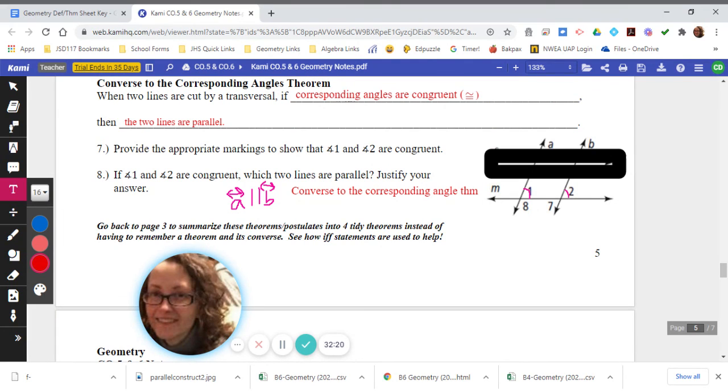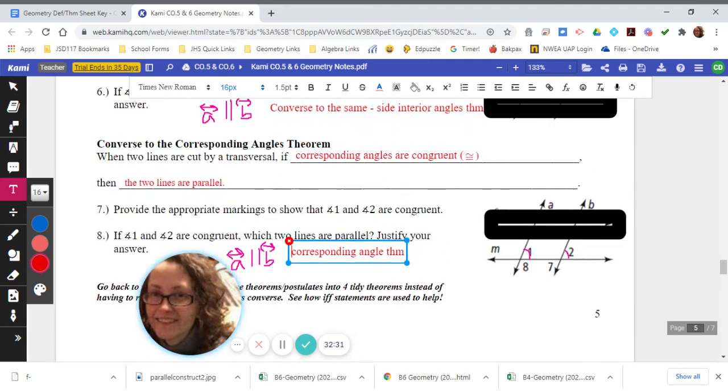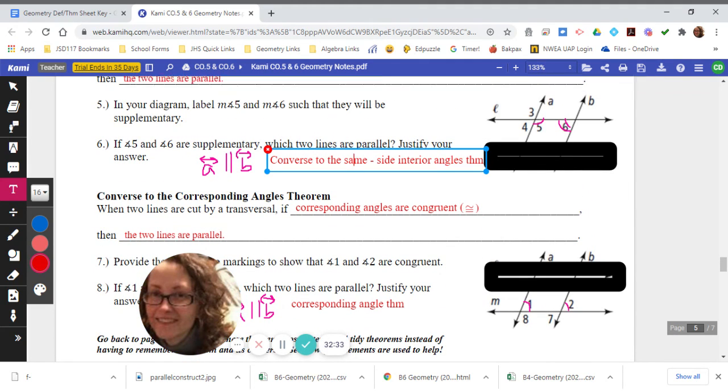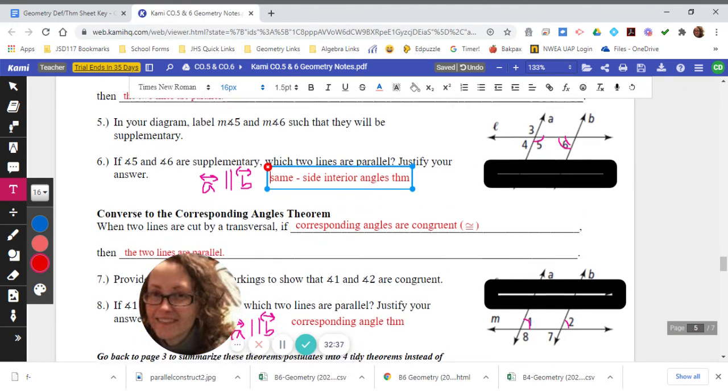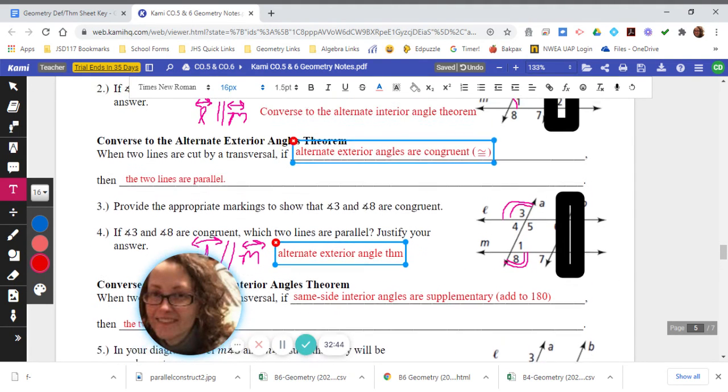Let me actually make one thing clear here. Now that we have summarized all of those theorems into if and only if statements, I get to just say that this is the corresponding angle theorem for here. Same side interior angle theorem. Here, alternate exterior angle theorem.